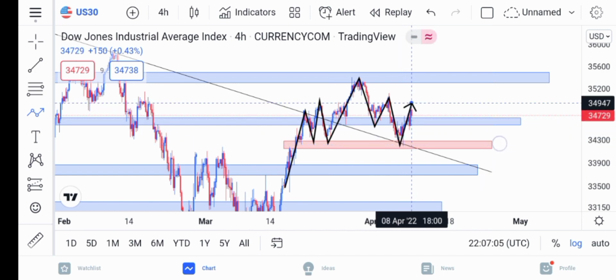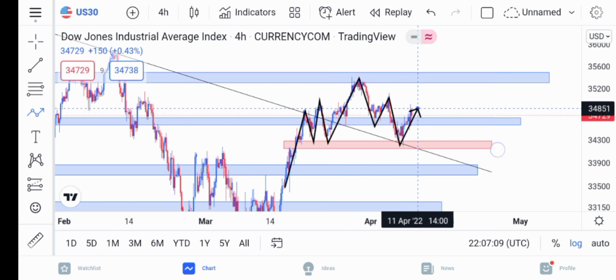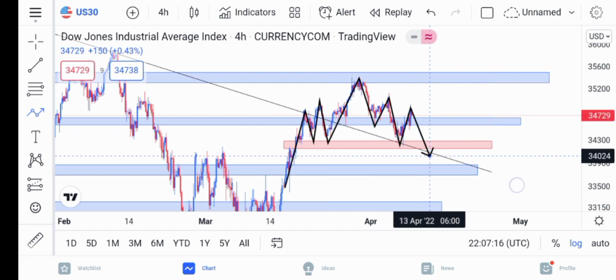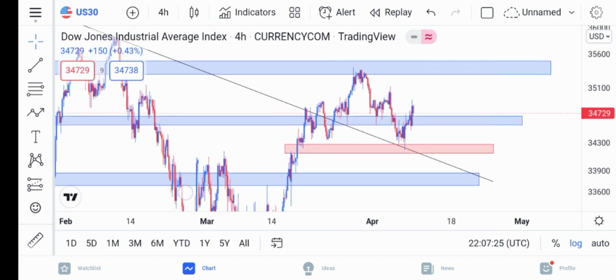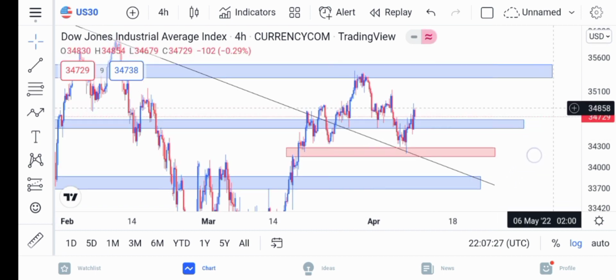So what could be the direction over here? Already by using this, I can see that this area here is well respected as well. So it seems like US30 can push downside like this, can do this kind of movement. So what am I seeing here? Currently I'm seeing that this area here is quite respected as well.